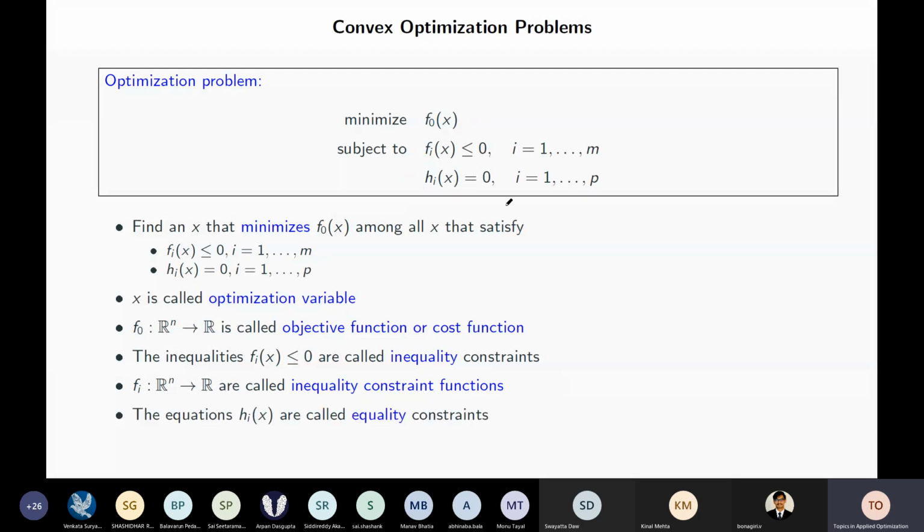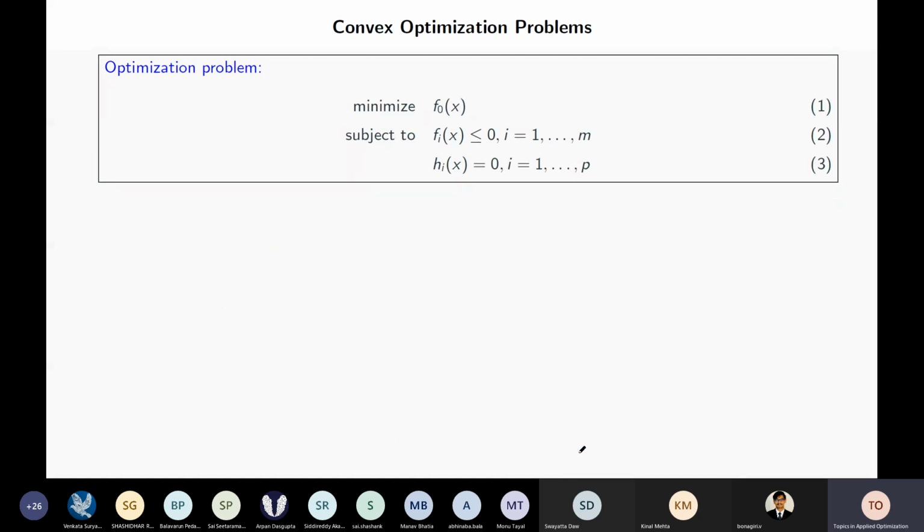So f naught is the objective function, the f i of x are my inequality constraint functions, and the h i of x are my equality constraint functions. Today you will see that we are defining so many terms. These equations are equality constraints, and the h i themselves are called equality constraint functions.